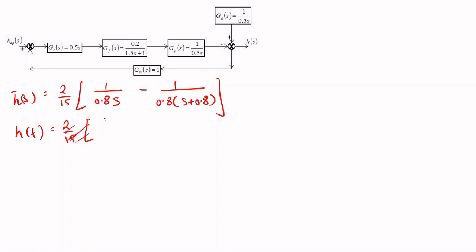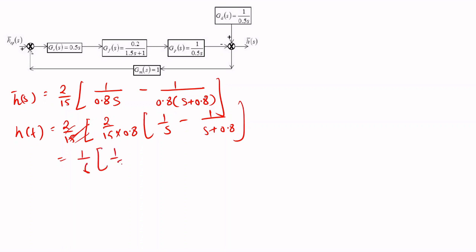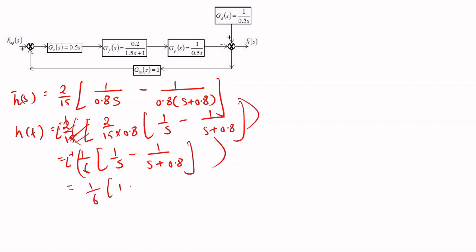So it will become 2 upon 15 into 0.8, times (1 by s minus 1 upon s plus 0.8), and this will become 1 by 6. We are taking the Laplace inverse of this entire term. The Laplace inverse of 1 upon s is straight away 1, and of 1 upon s plus a is e raised to minus at, so it will become e raised to minus 0.8t.